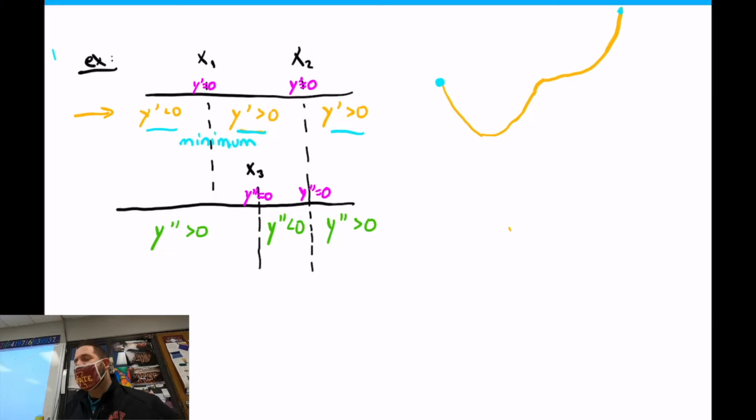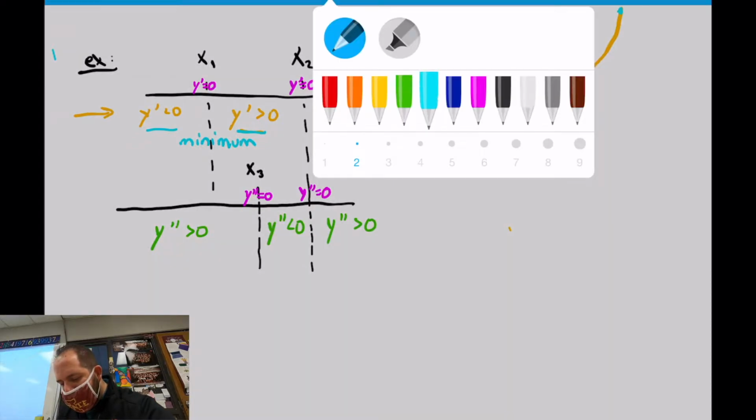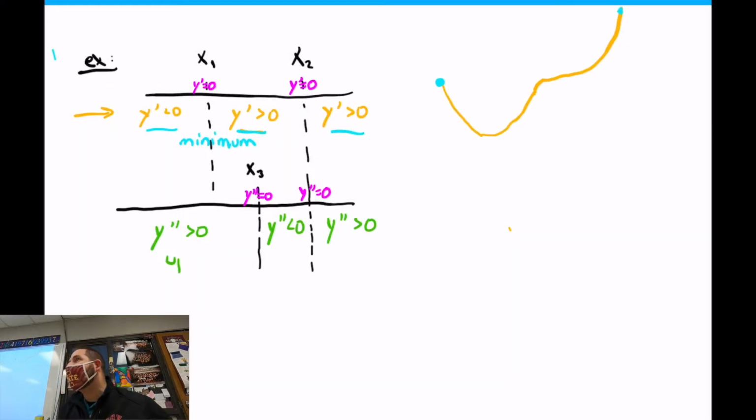All right. Anyway, now when we go to the next part, the second derivative should just confirm that your drawing was correct. So the idea is that on this one, we are concave up. This is concave up because we're above 0, up till about x3. x3 should be about halfway between x1 and x2.